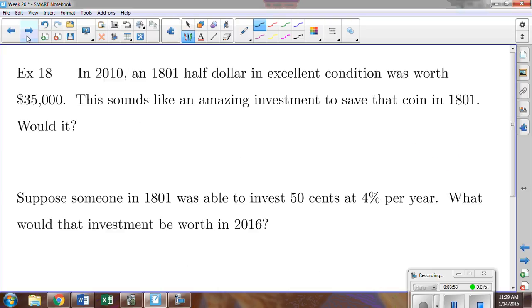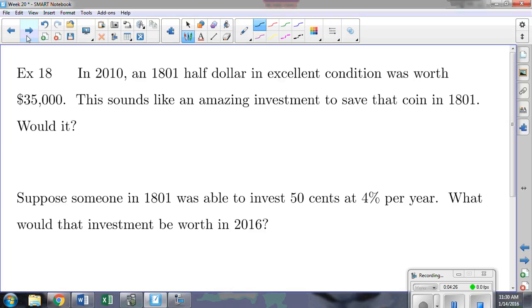Consider this then. Recognizing that we didn't finish the last problem because it was just designed to introduce the idea. Suppose in 2010, an 1801 half dollar was in excellent condition and it was worth $35,000. Now, in 1801, you put 50 cents into getting this coin, and now it's worth 35 grand.